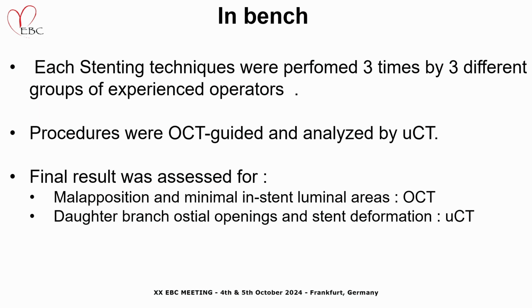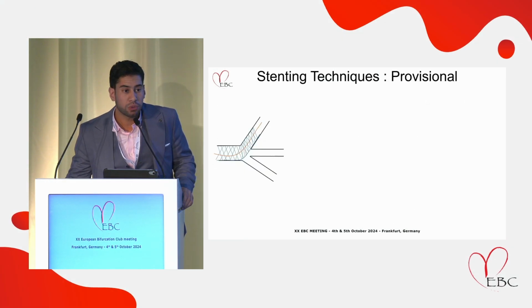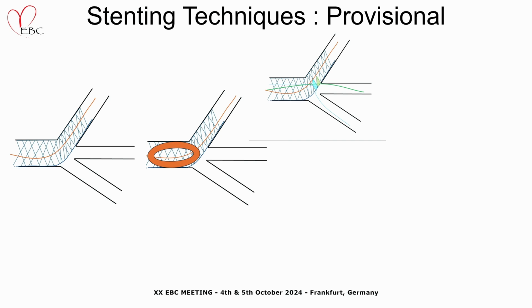However, we can show the micro-CT analysis, and we can all reflect on the stent deformation in these cases. Starting with provisional. As we may know, the provisional starts with LAD towards left main stenting. Then we perform a POT. Then here we have 2 configurations.